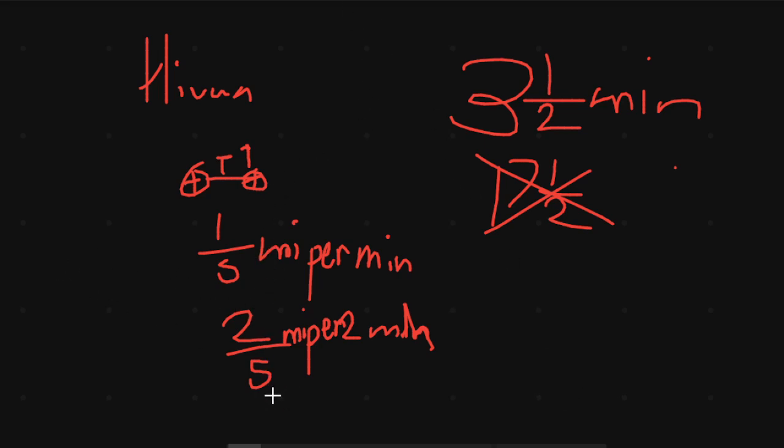If it took him 3 minutes, he would have gone 3/5 of a mile, and so on and so forth. Four minutes would be 4/5 of a mile.